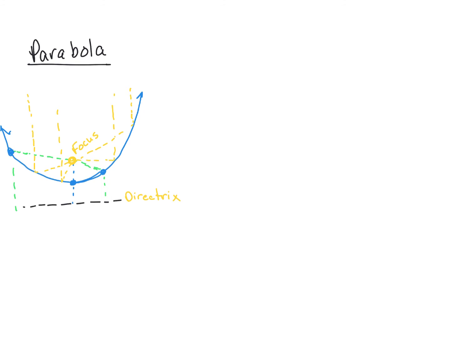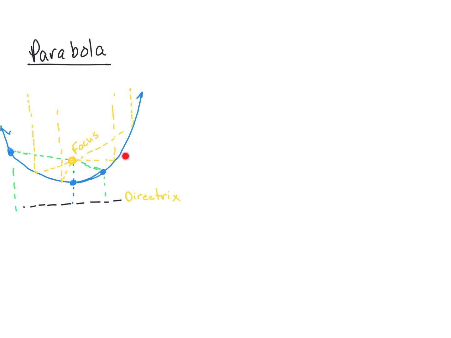Have you ever seen a satellite dish, for instance, and there's that little arm with the ball at the end? That little ball is at the focus, and you're getting signals from satellites. The satellite's so far away, it's almost as if the waves coming in from the satellite are coming in parallel to each other.